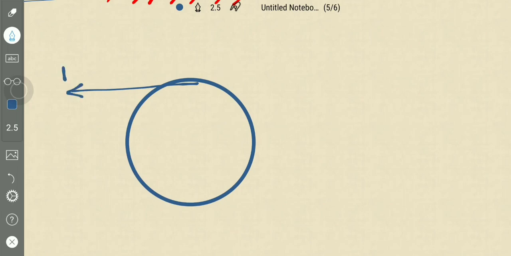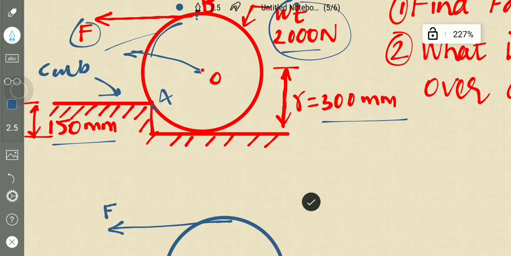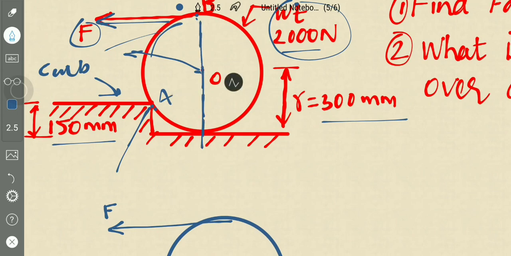This is force F. And there is 2000 newtons, weight of the ball. And as the force is acting in this direction, there will be a reaction which is concurrent to these both forces. This is weight, this is reaction. So these three forces should be concurrent.